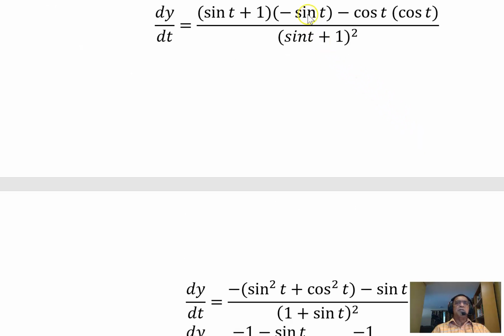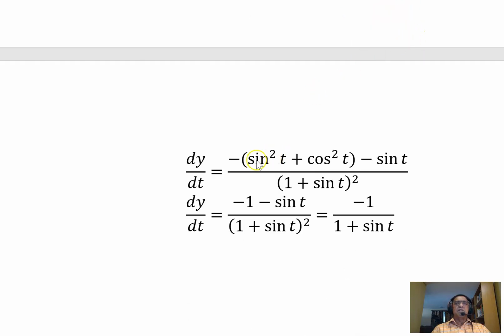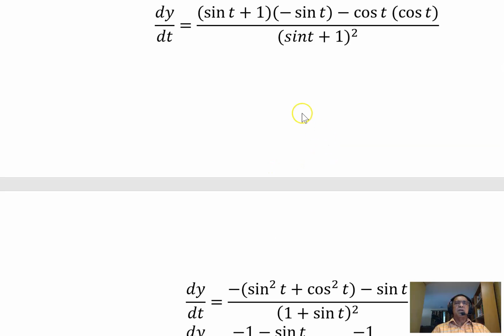You can simplify this a little bit. If you distribute, you get negative sine squared t, then minus sine t, and negative cosine squared t.